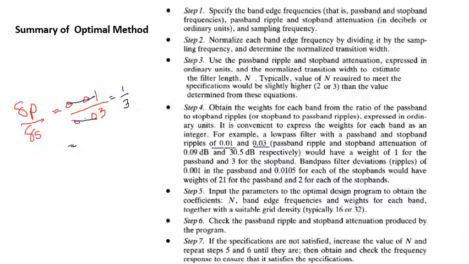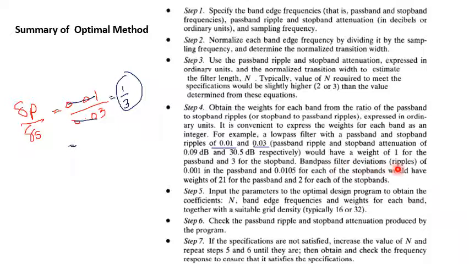Because you are multiplying, you are also dividing. I hope you are quite familiar with decimal fractions. So that's straightforward. That means you have a weight of 1 for the pass band and a weight of 3 for the stop band.